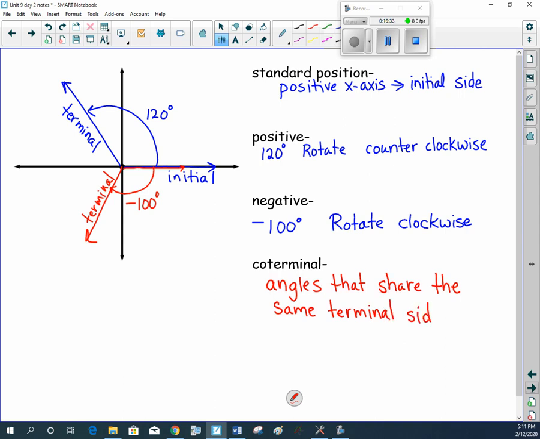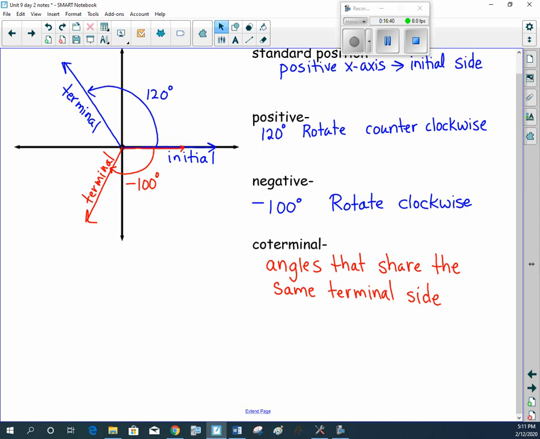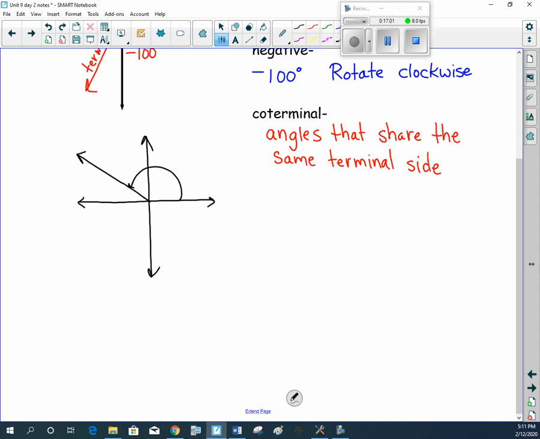Okay, I'm going to draw a new picture. I feel like that one's got enough information on it. So I'm going to make a new axis here. So I am going to rotate, let's see, I'll rotate 150 degrees. So I'm going to do a positive 150 degrees. So positive 150 degrees is going to put me about right here. Okay, so that's a positive 150 degrees.